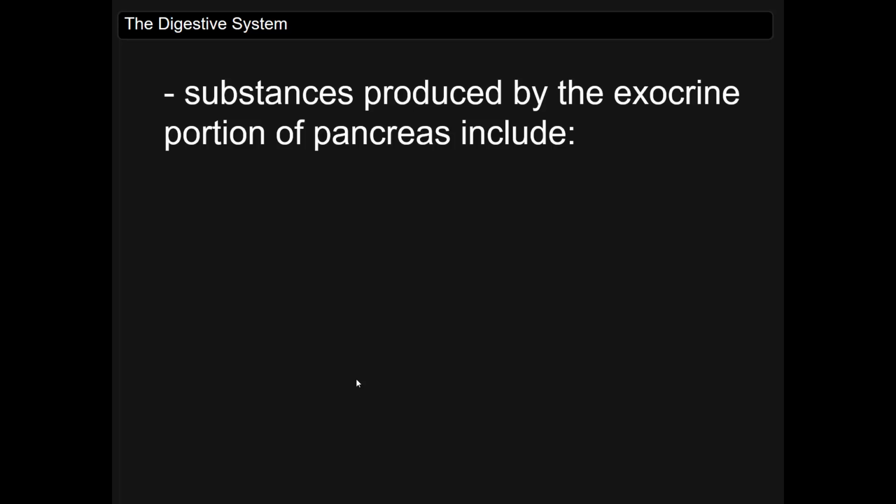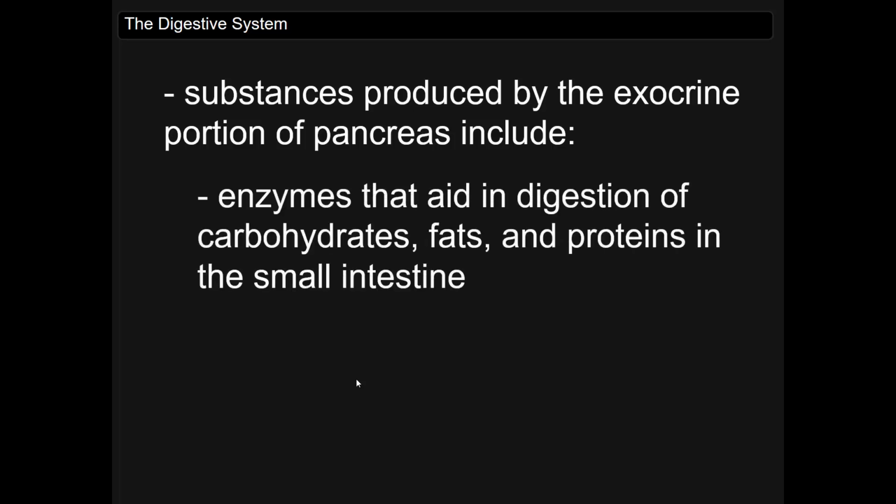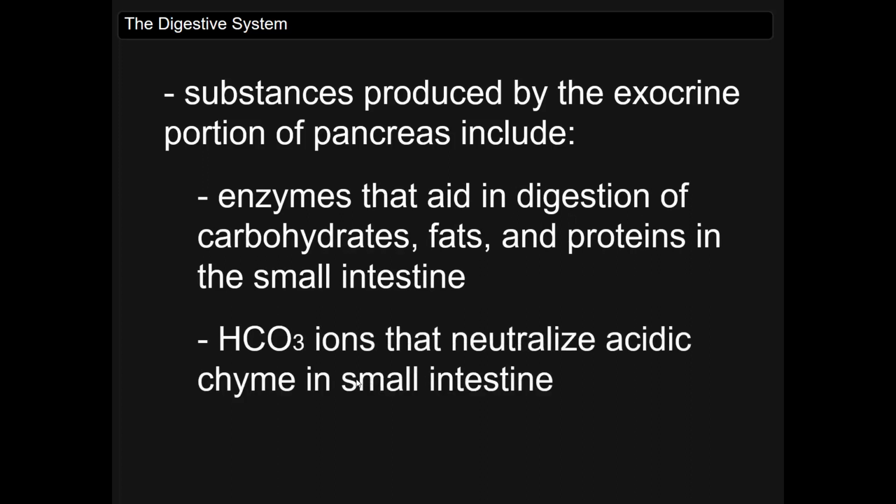It's going to produce a substance that's going to be dumped into that pancreatic duct. So it's going to produce enzymes, a whole list of enzymes that help with digestion of carbs, fats, and proteins. You'll get that whole list with Dr. R. So we're producing stuff that's going to help us with chemical digestion in the small intestine.